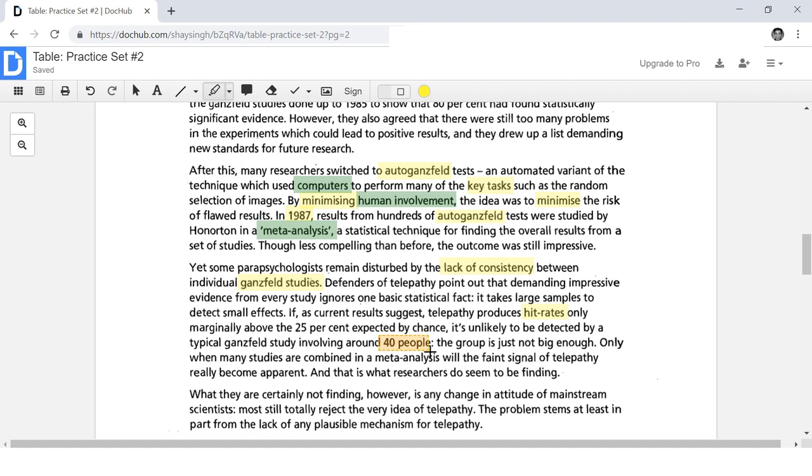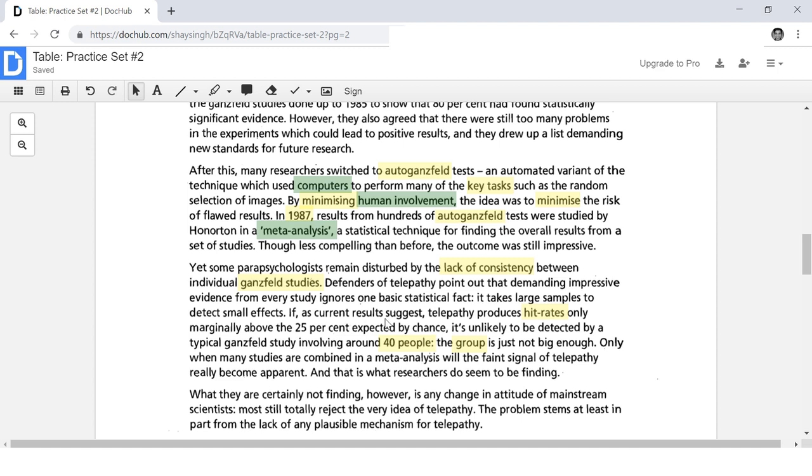Well, it talks about 40 people and it talks about a group. So, I mean, that is talking about a sample group. That is the group that did the study. Yeah, so we're probably going to find the answer somewhere around here. So let's start reading this. Let's start reading from over here.